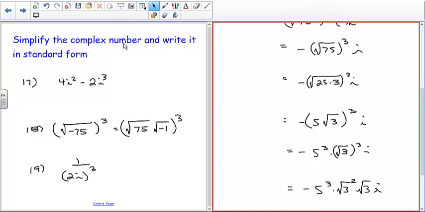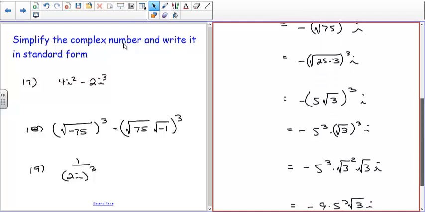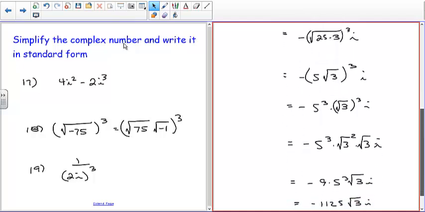5 cubed, 125. 125 times 3 is, oh, it's right here. That should not be that. The square root of 3 squared is 3, so it's 3 times that.